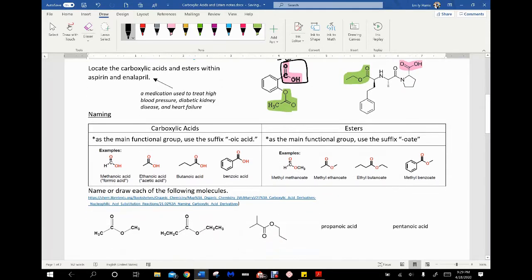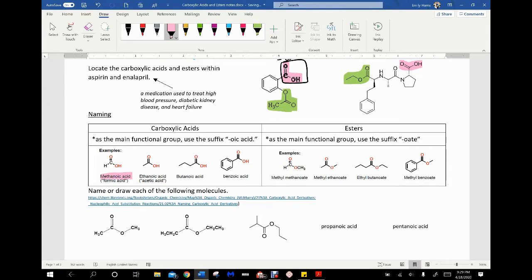Okay, so naming. When carboxylic acids are the main functional group, it will change the suffix at the end to -oic acid. And what goes in front of the -oic is the prefix indicating how many carbons you have as a part of the chain. So if you have one carbon, that corresponds to the prefix meth, so it'll be methanoic acid, which is actually the same thing as formic acid.